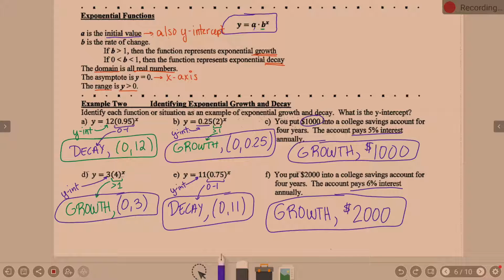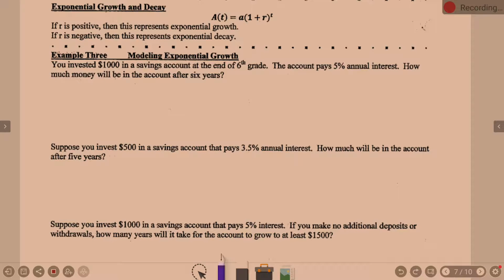Okay, we got an idea of the difference between growth and decay. As we move to the next page here, we're going to be working with the equation now. At the top of the next page, we have a basic equation that we're going to be working with: A of t equals a times (1 plus r) raised to the power of t.